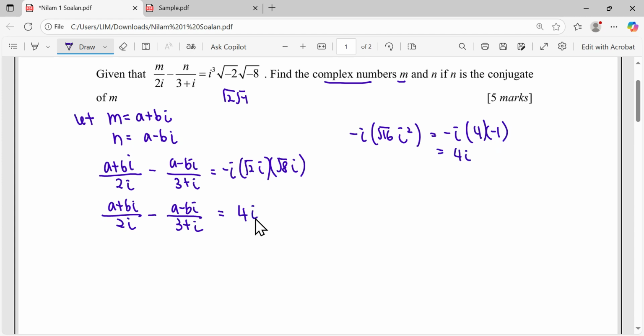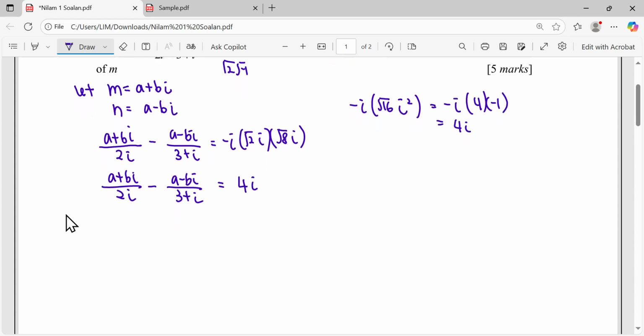To make it simple, we get rid of the denominators: we times 2i, and at the same time we times 3 plus i. When I times 2i and 3 plus i into the equation, for the first term it will be remaining multiplied with 3 plus i only.